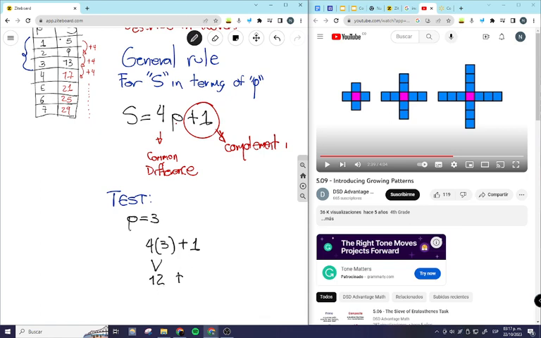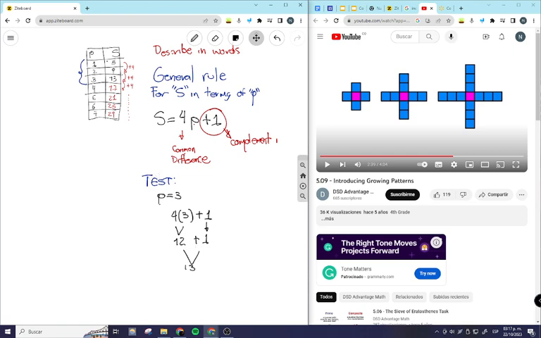And then we have to add 1, because it's this one. And 12 plus 1 is 13. So in this case, our general rule gave us that S is 13. So the general rule works.